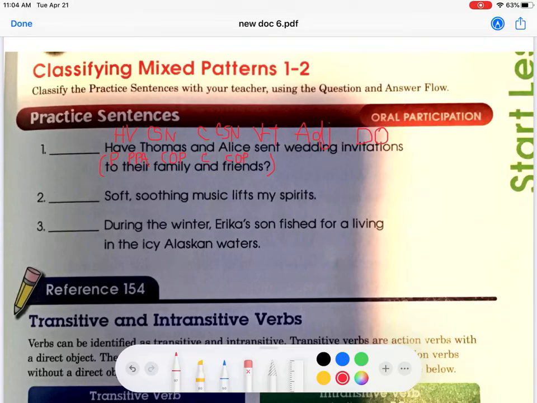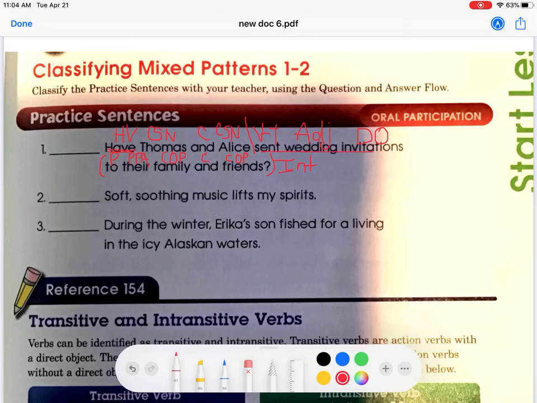The type of sentence, it is an interrogative sentence because it is a question. So INT. Now, I don't have a lot of room here, so it might get kind of sloppy. But I'm going to divide and do my underlining. So I would divide between Alice and sent. And we do have to underline here because we have part of our predicate at the beginning of the sentence because it's a question, remember? So have is going to be double underlined.